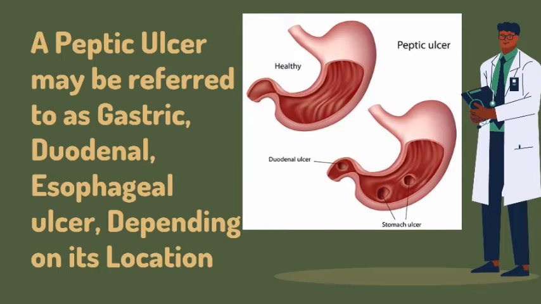Sometimes it is in the gastric area, so it is called a gastric ulcer. Sometimes it is in the duodenal area, so it is called a duodenal ulcer, and sometimes it is in the esophageal area, so it is called an esophageal ulcer.